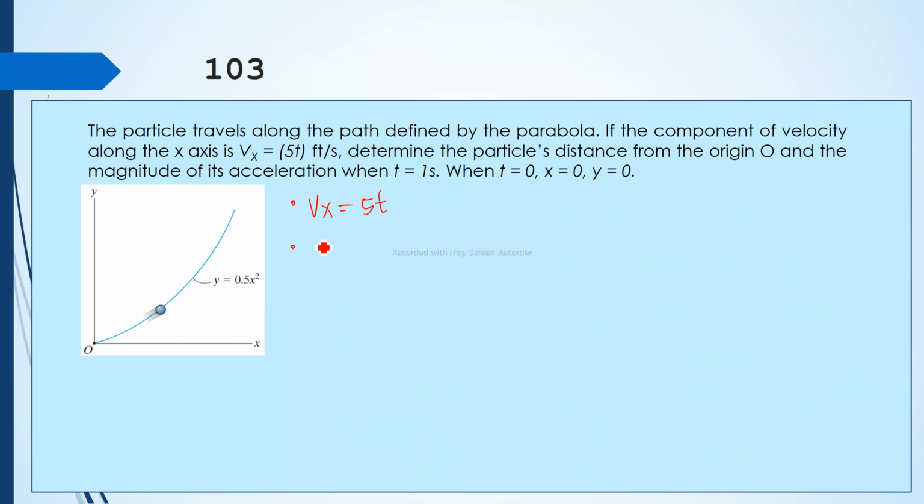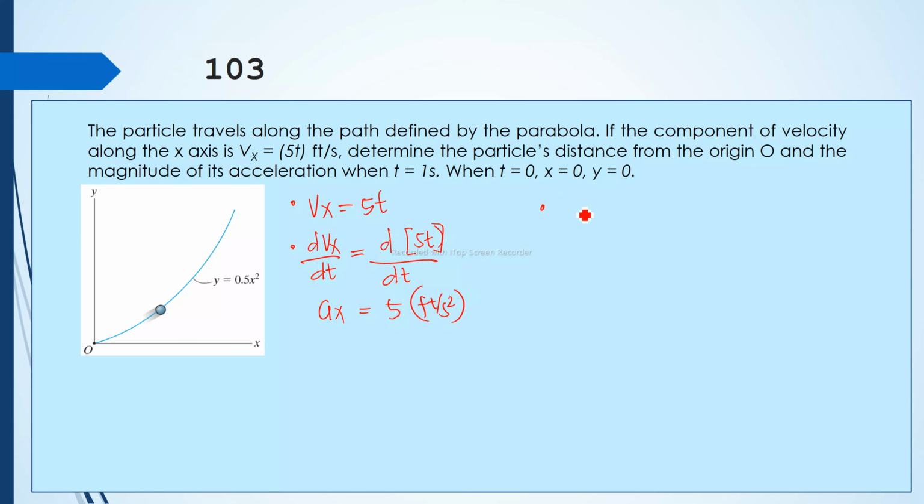To get the acceleration along x, we just differentiate vx with respect to time. So the derivative of 5t gives us the acceleration along x, which is just equal to 5 feet per second squared.